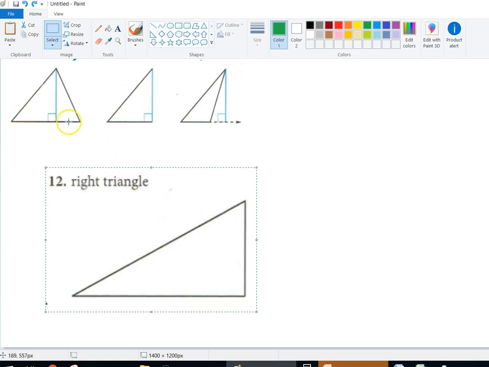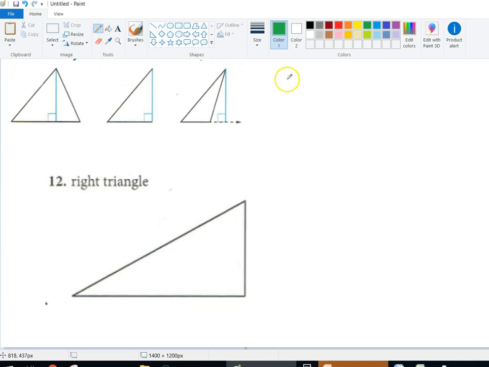So if you have a triangle, and this just is a standard acute triangle, an altitude is a line that is dropped from the vertex to the opposite side, and at the opposite side it meets at 90 degrees.